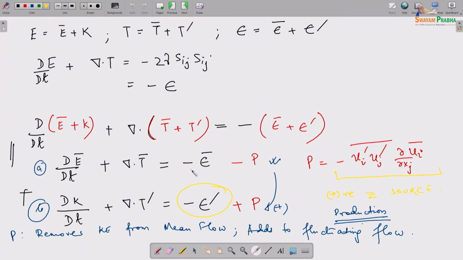This was important, because on one hand we said that the viscous dissipation is primarily contributed by the fluctuating part of the flow, right? But then how do I calculate that? And then we had a hunch that yes, this is what it will be.